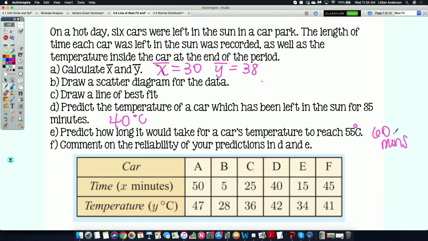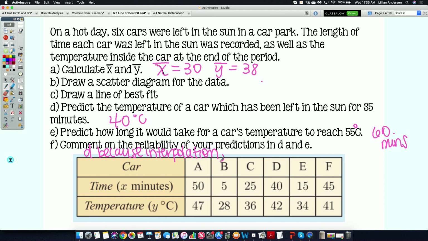Comment on the reliability of your predictions for D and E. For D, reliable? For D, it is reliable. Why? And leaving it just like that suffices. It's an interpolation.